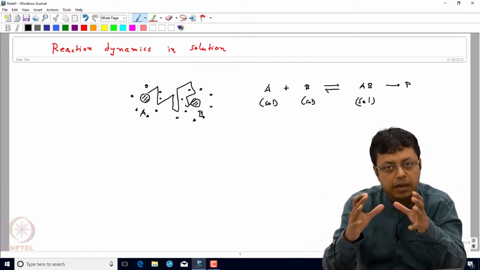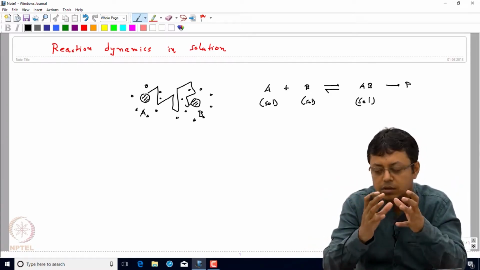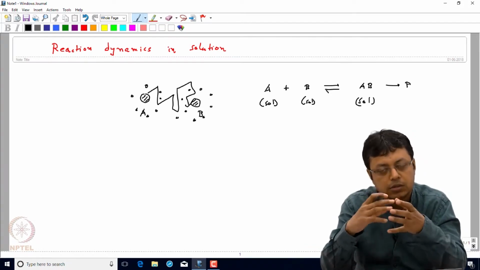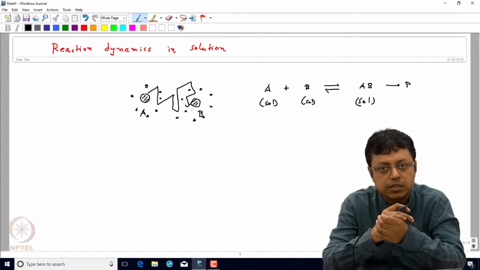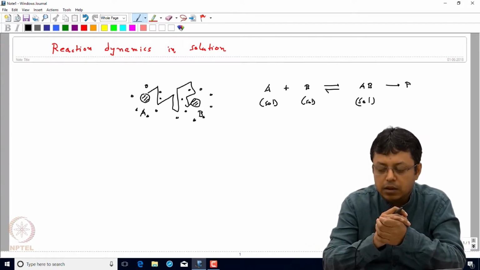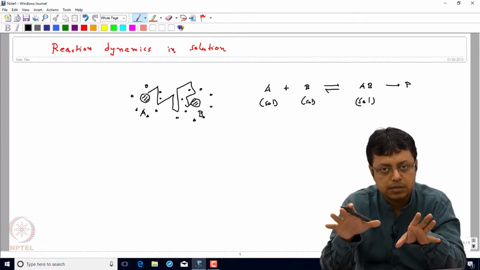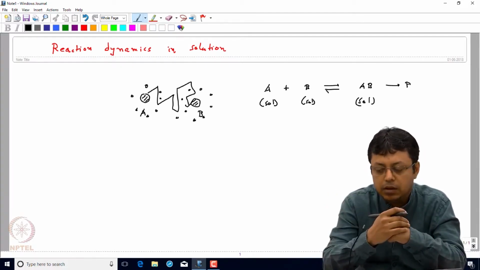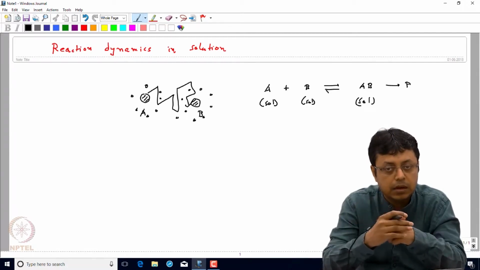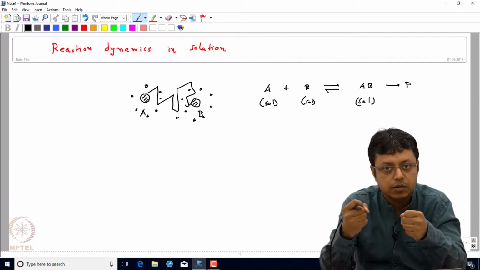And this is the overall mechanism of the interaction between solutes in a solvent. Now we are not considering at this moment the reaction between charged species. We'll consider it later. Diffusion is the key mechanism here, where the reactants are coming closer together.